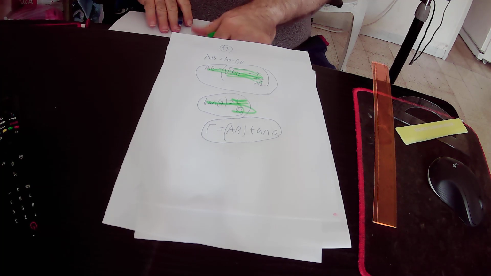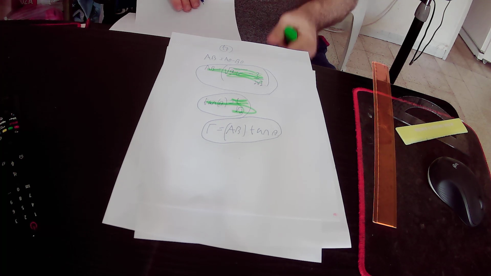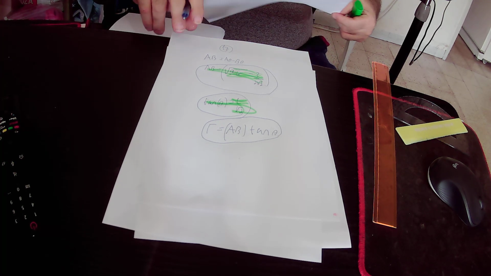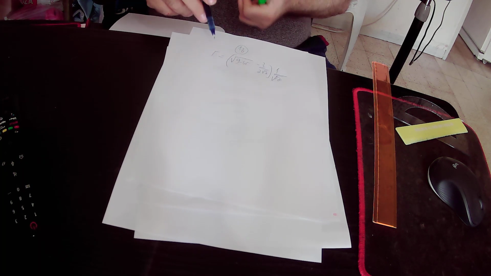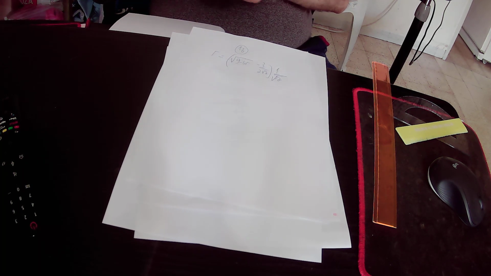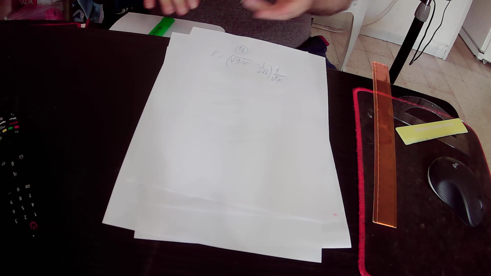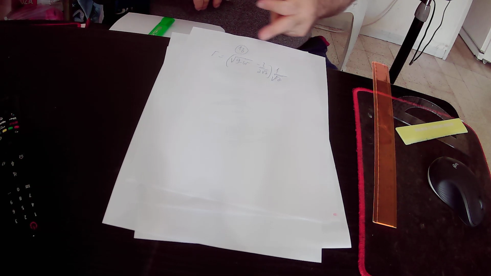Okay, so after we substituted AB by this expression and tangent theta by 1 over root 2, we got this equality, and here we will multiply this equality by root 2.